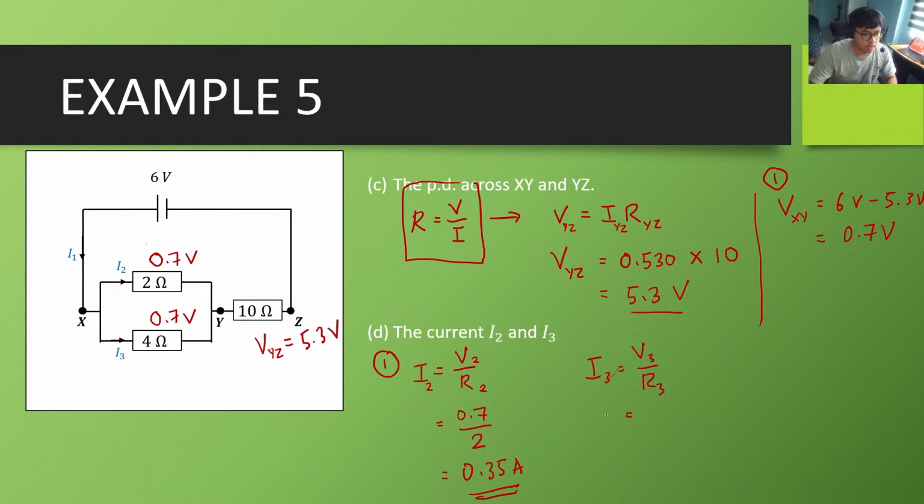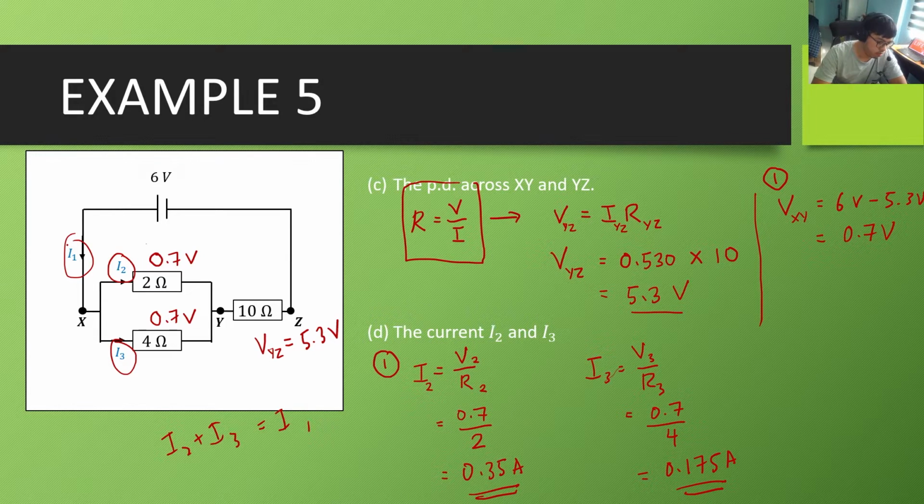I3, you can use again, V3 is 0.7, R3 is 4, and that will give you 0.175 amps. Using the first circuit rule, you can check that I2 and I3 equals back to I1. Okay, because these two currents are split from I1. And if you do that, you will see that they will equal back to 0.5 roughly.